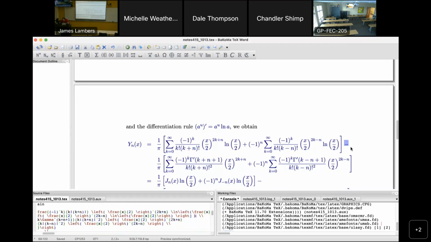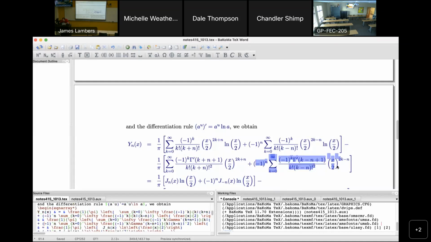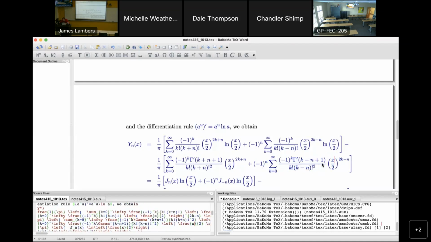That leads to this minus out here. And then this term is handled the same way. Taking the derivative again with respect to n, but here we have a minus, that leads to an additional minus causing this plus. So there's a lot to unpack here, algebraically. I'll give you the guidance for how all this came about.